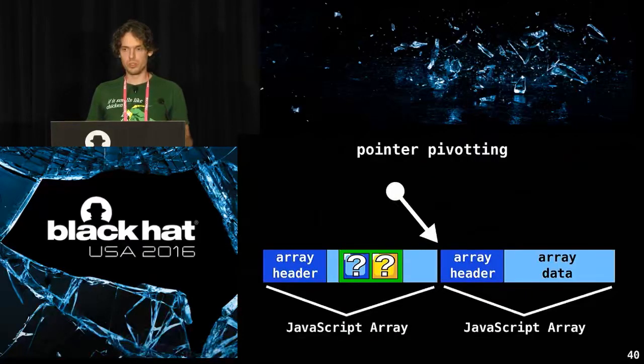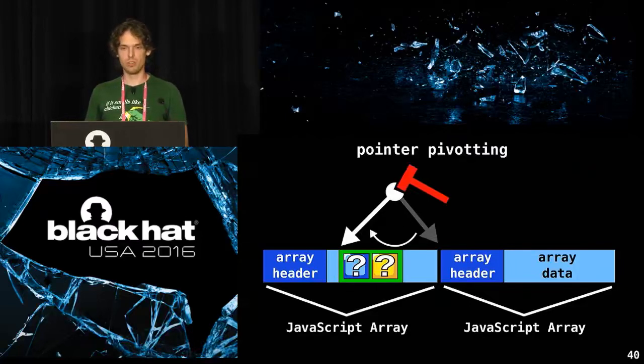So we're using this to hammer arrays of references to objects, and if we find one where a bit flips, we can flip a reference to the right array. We can flip a pointer to a fake object.